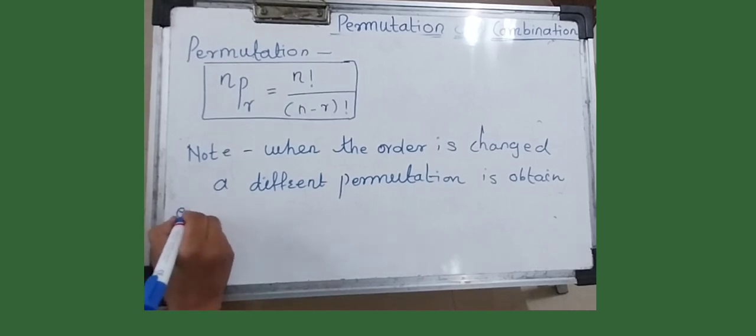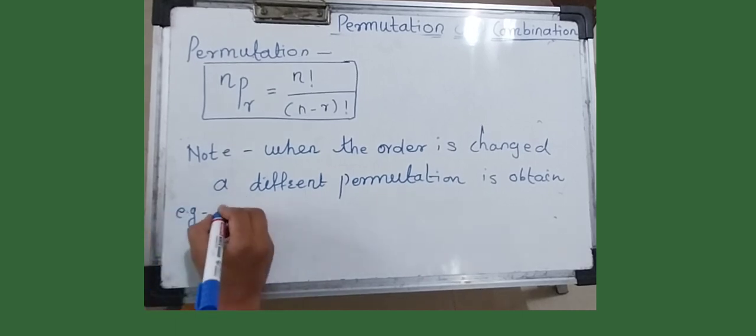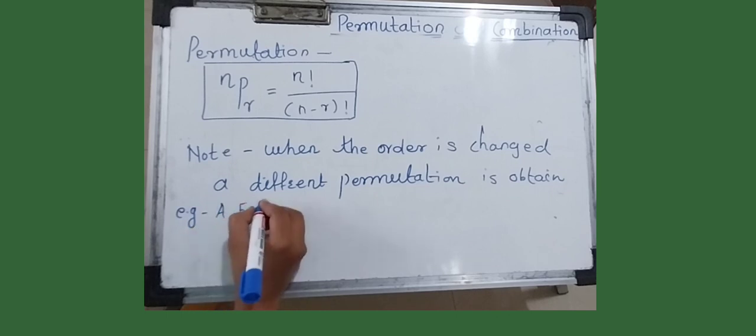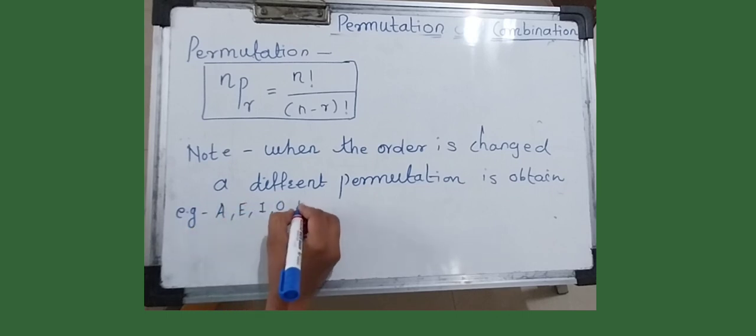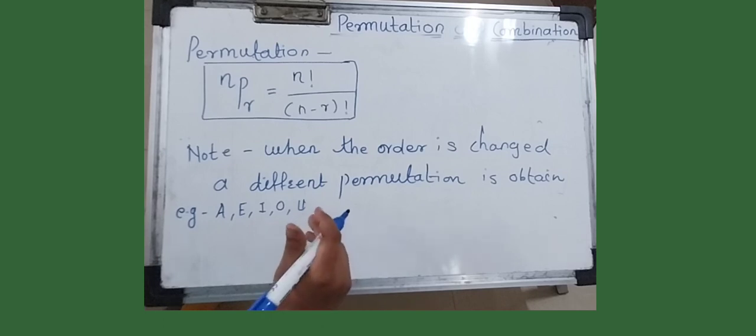For example, if we have A, E, I, O, U, the vowels of the English alphabet.